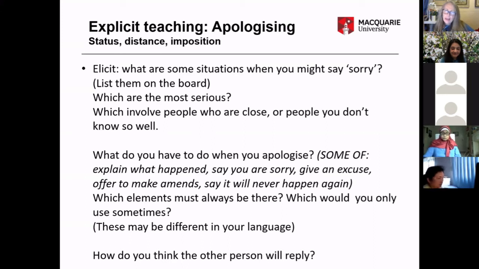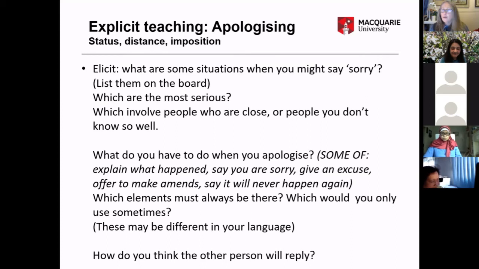And then get them to think about what they have to do when they apologize. Everyone will know how to say sorry in your language, but they may not necessarily know the other things that an apology might involve. And culturally, these are interesting because an apology can have an explanation of what happened. It can have you saying that you're sorry. It can have an excuse.